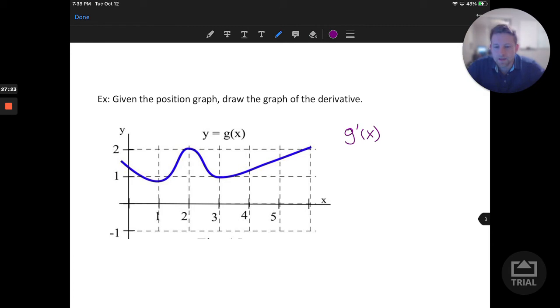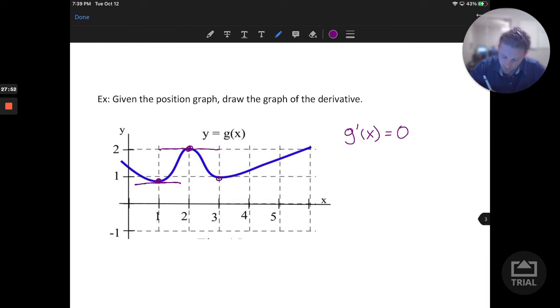So the first thing I want to do is to think about where this g prime of x is going to be equal to 0. Where are we going to have x-intercepts on this g prime graph? So if I look at where I have horizontal tangent lines, I'm going to have one at x equals 1, another at x equals 2, and then another we'll say is approximately at 3.